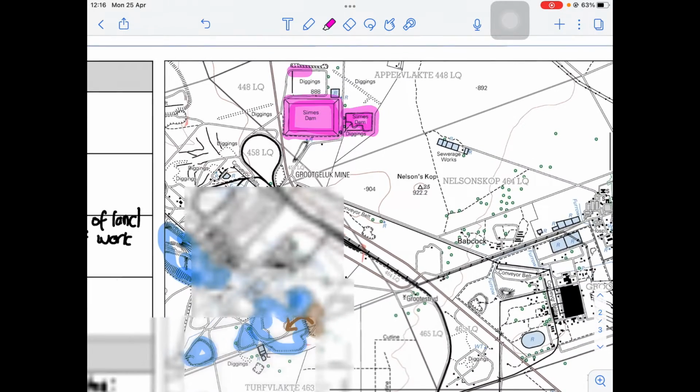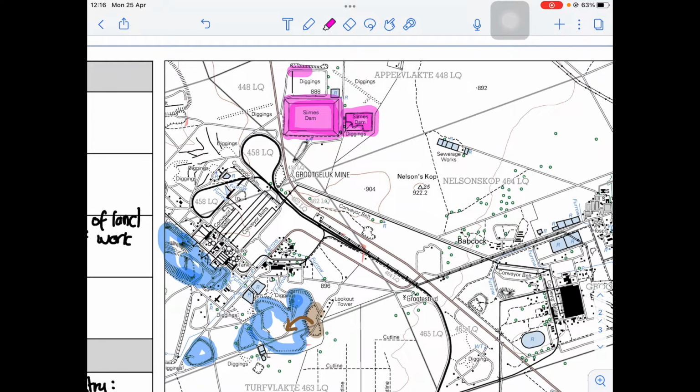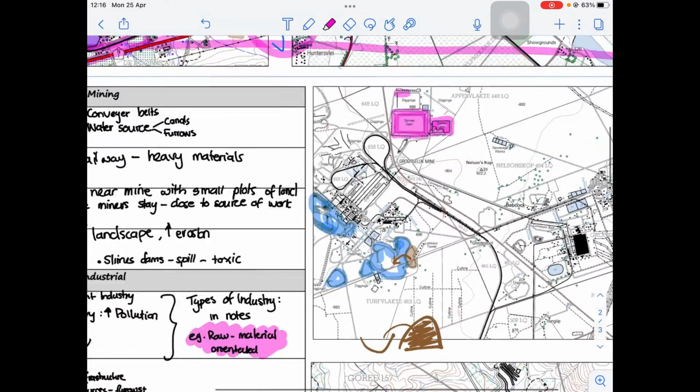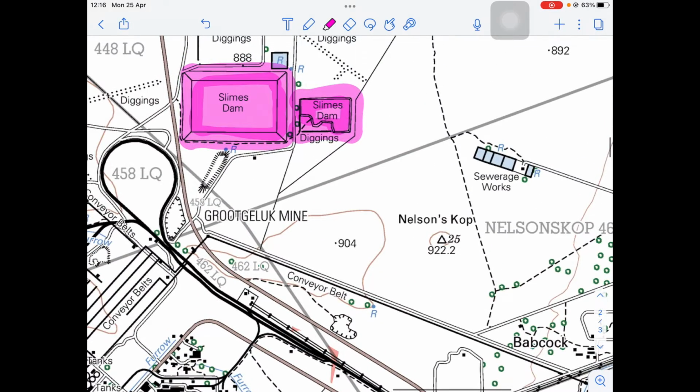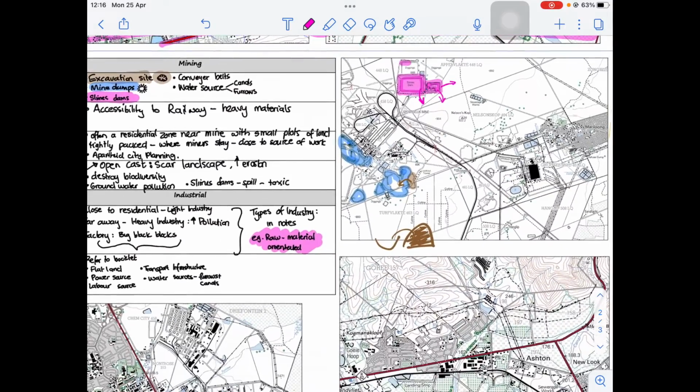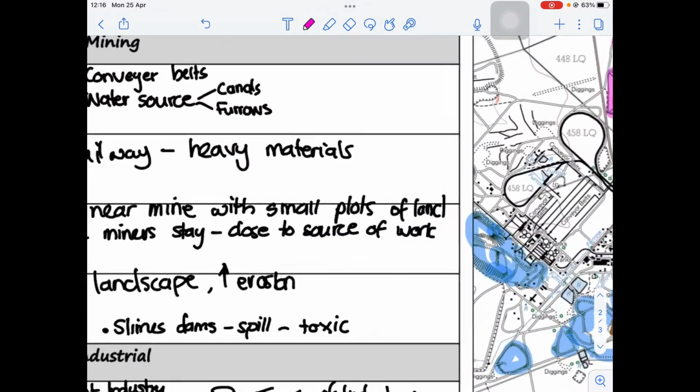or the waste product from that process. And you can consider what the actual environmental impact or potential effect of slimes dams could be on the surrounding land if they had to spill. Okay, so those kinds of questions can then be added there.